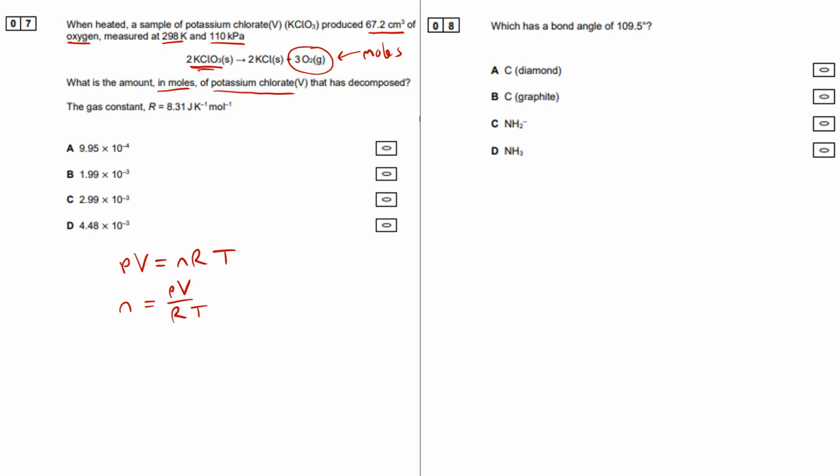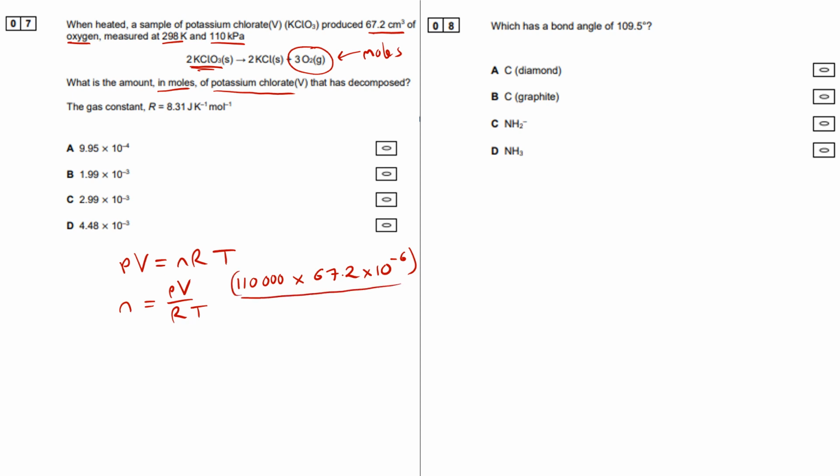Now remember, here we have to use SI units, so pressure is 110 kilopascals or 110,000 pascals. The volume, 67.2 centimeters cubed, has to be converted to meters cubed. So centimeters cubed divided by 1,000,000 or times 10 to the minus 6.